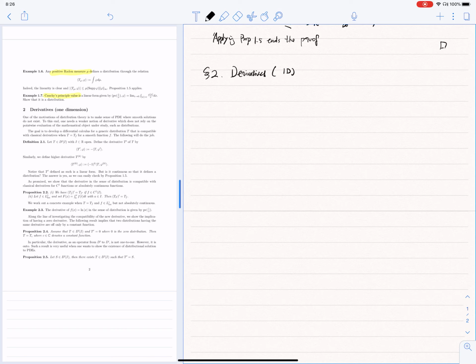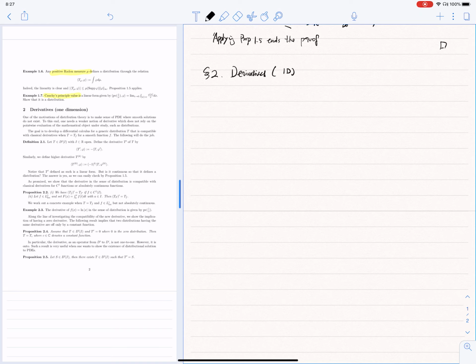Okay, so as Gondolina probably has said already, one of the motivations of the distribution theory is to make sense of PDEs where smooth functions do not exist. So to this end, we have to be able to take the derivative of a mathematical object which does not have any pointwise evaluation meaning, such as the class of distributions.